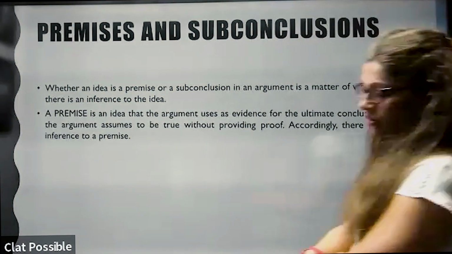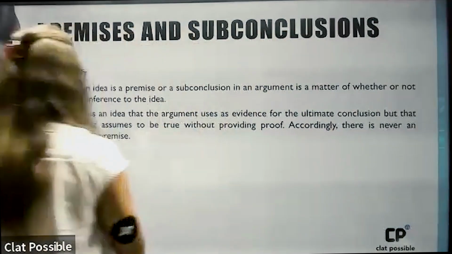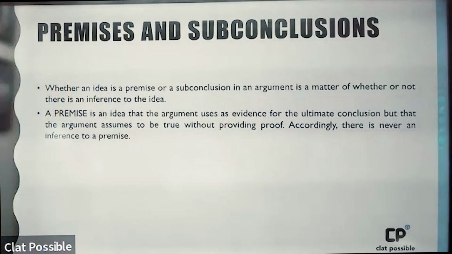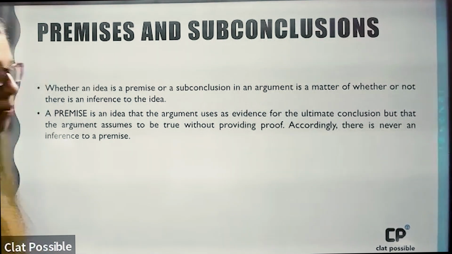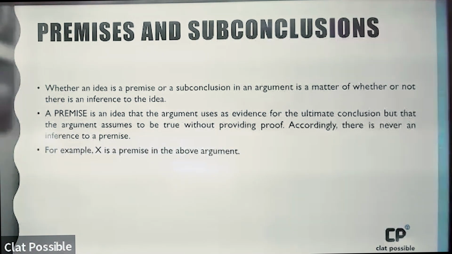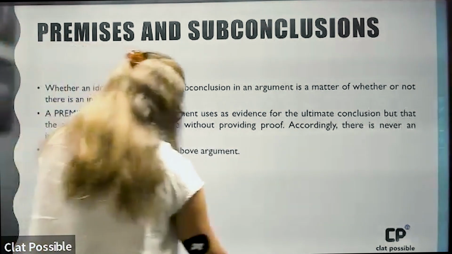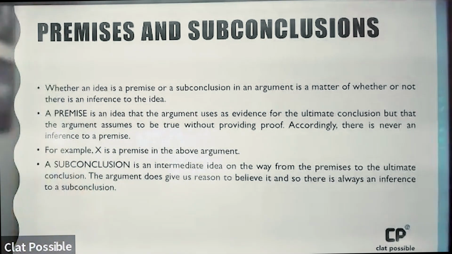Remember, a premise is just giving evidence. And I have told you, whatever premises are provided in your arguments, you have to take them to be true. So X in this case is a premise. A sub-conclusion is that intermediary step and it follows from the premise.